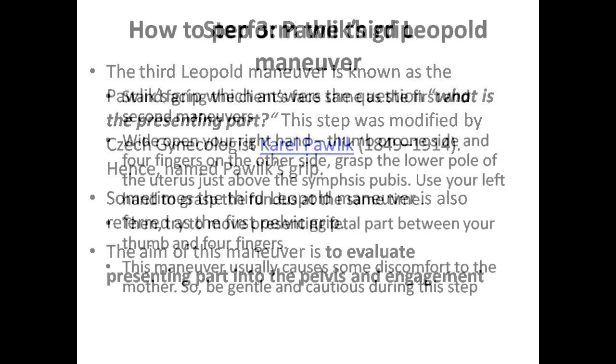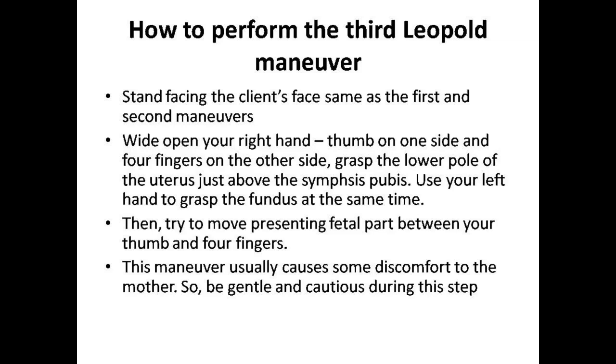Next, how to perform this third Leopold maneuver? Again, stand facing the client's face, same as in the first and second maneuvers. You stand at the right side of the mother facing her face.